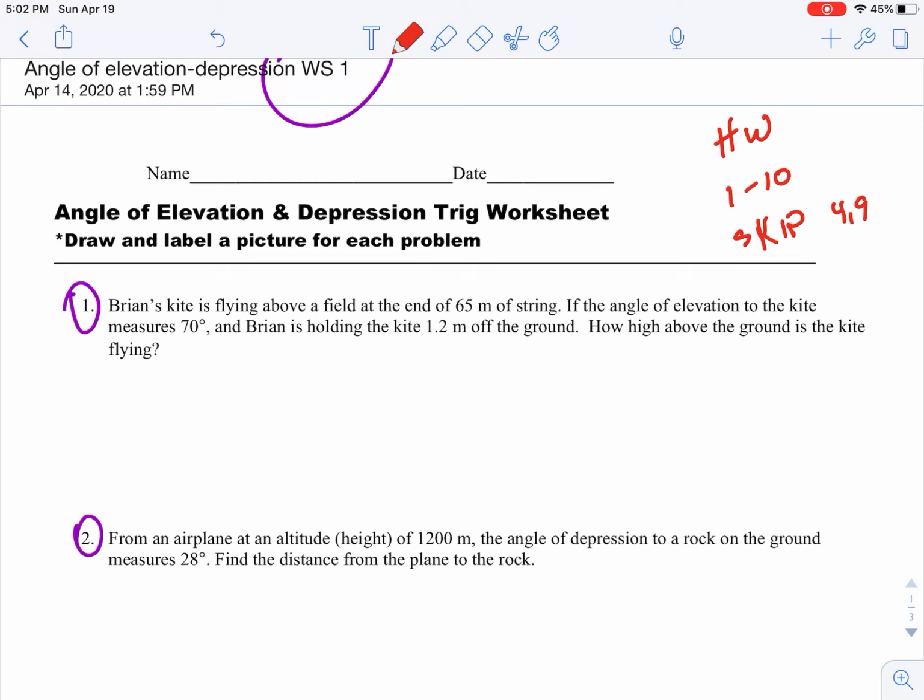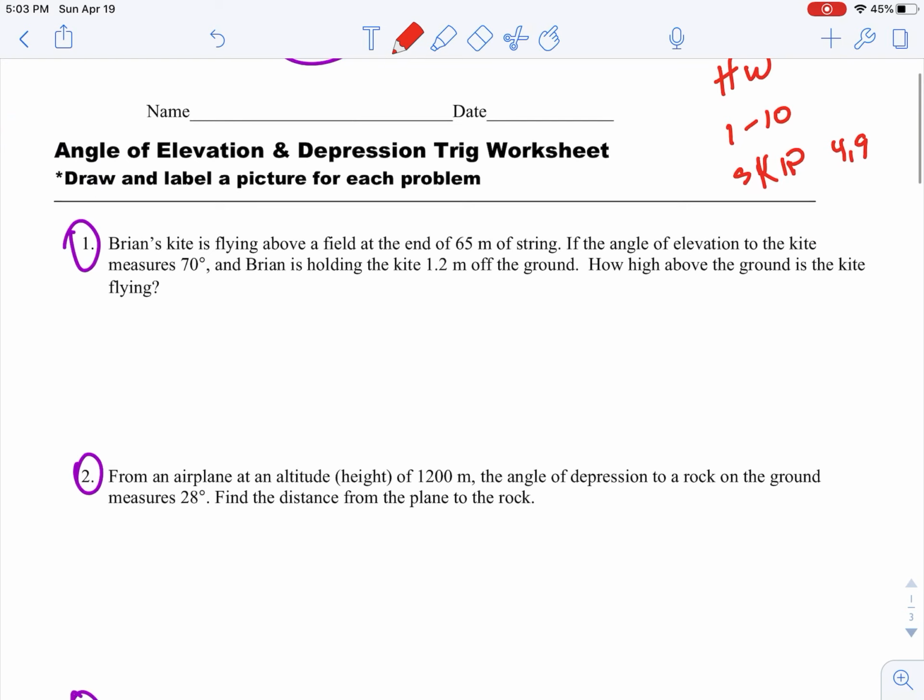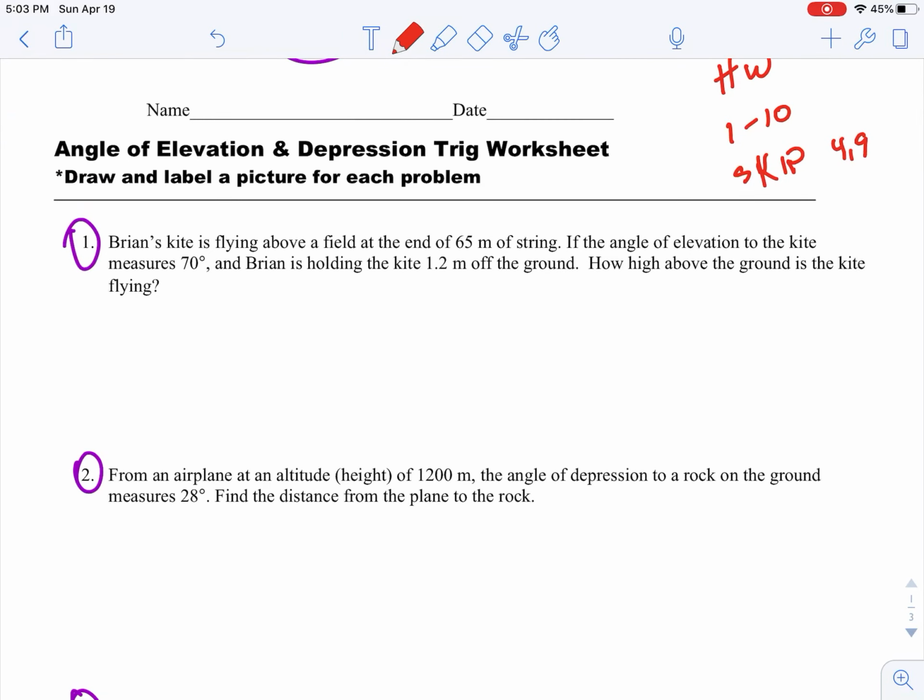What I might want to do, just to give you an idea, is have you do the answers on a Google form. I got to think about how to do it. I did it for my other class, but I might do it a little differently. You'll get a sheet that looks just like this, but for the answer key, you'll do it on a Google form.